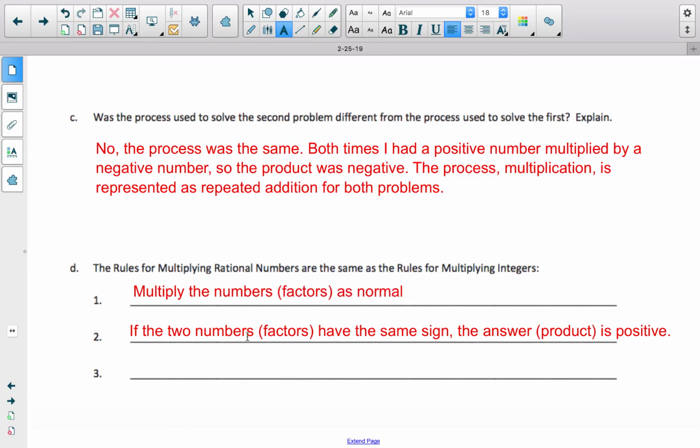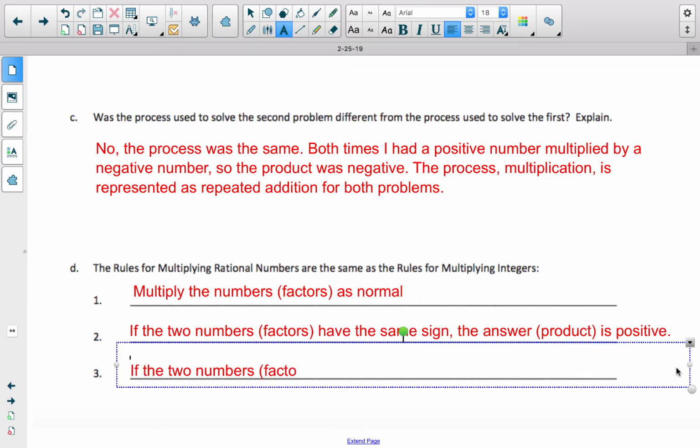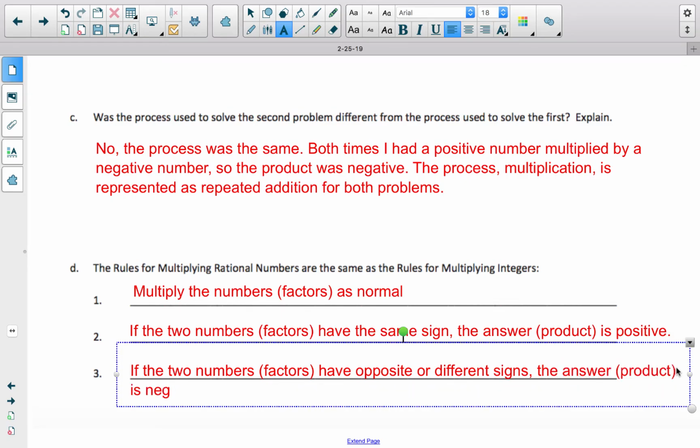If the two numbers or factors have the same sign, the answer, or the product, is positive. And if the two numbers, factors, have opposite or different signs, the answer, the product, is negative.